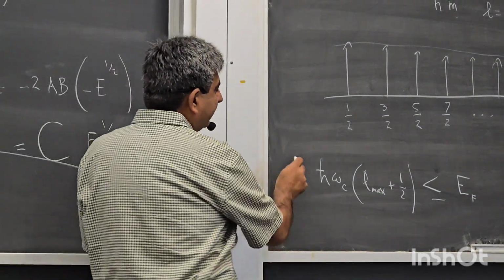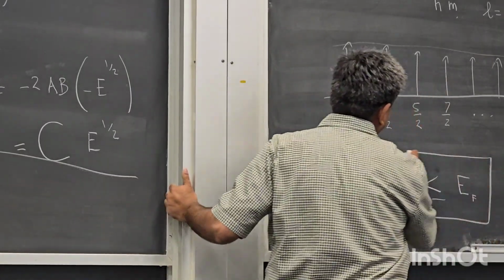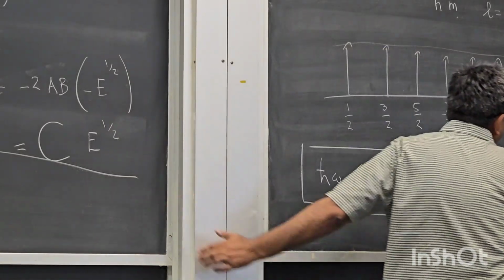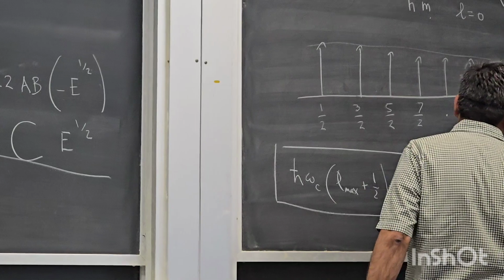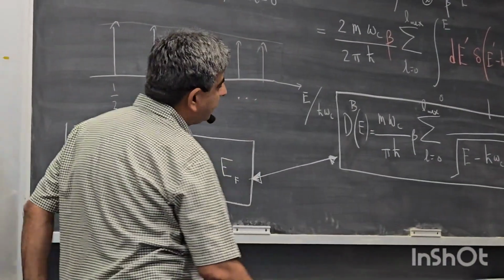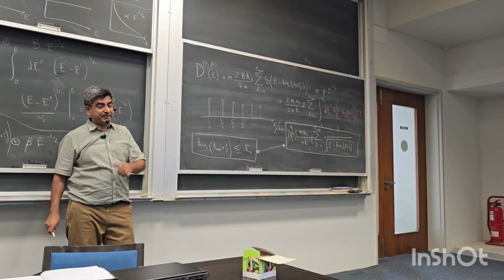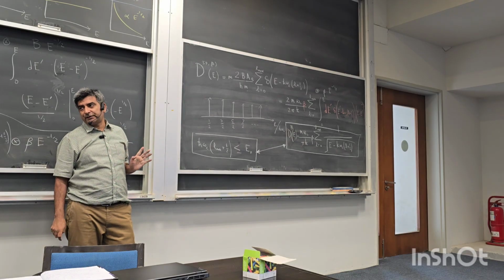So this is how we define L max. Now these two equations together help us determine the density of states in 3 dimensions. And we can plot this.